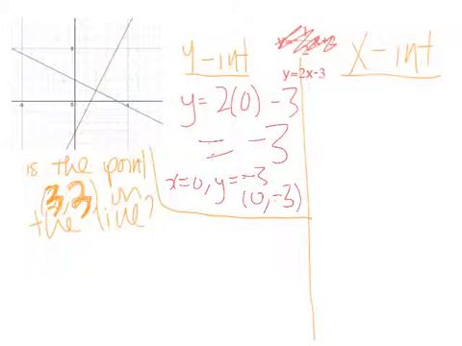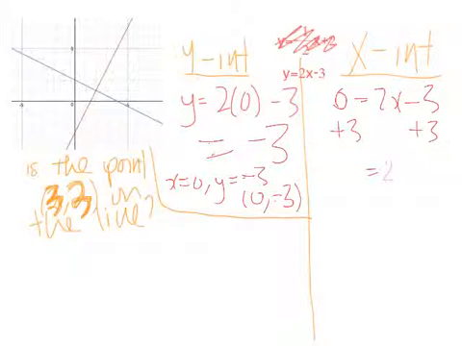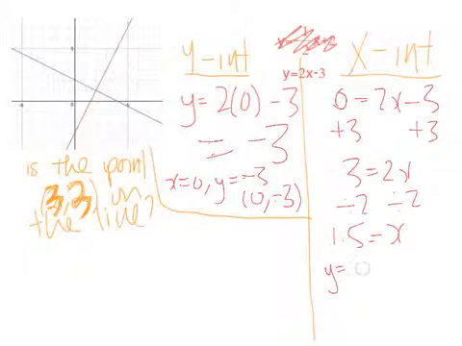For the x-intercept, I set y equal to 0, so I'll write y equals 2x minus 3. I make sure I add 3 to both sides, and I get 2x equals 3, and divide by 2, I get x equals 1.5, right?